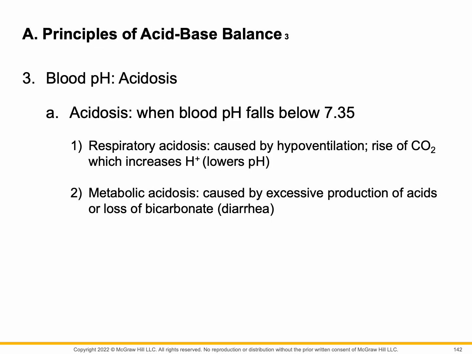When the blood pH falls below 7.35, this is called acidosis, when the pH levels in the blood are too low. Respiratory acidosis is caused by hypoventilation. So when you're breathing very slowly and there's less blowing out of CO2, then you accumulate the CO2 levels, and that increases the hydrogen ion concentration, lowering the pH.